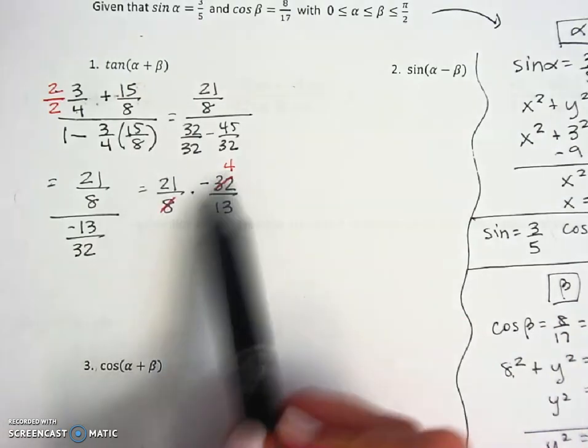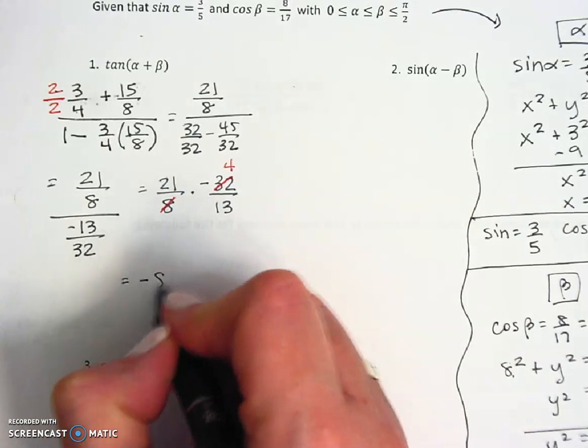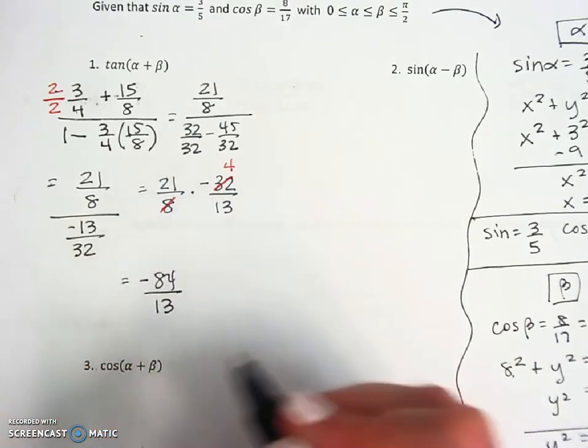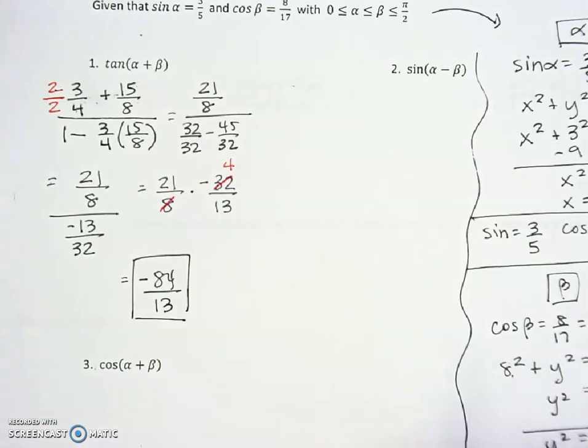So we multiply across the top and the bottom. And that gives me negative 84 over 13. A mixed number would be negative 6 and 6/13 if you wanted that.